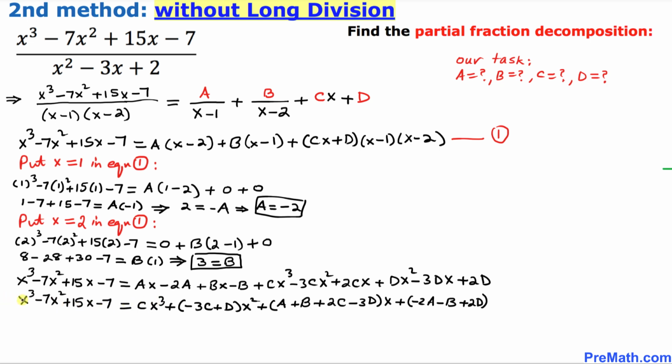And as you can see on the left hand side, the coefficient of x power 3, by default, is going to be 1.